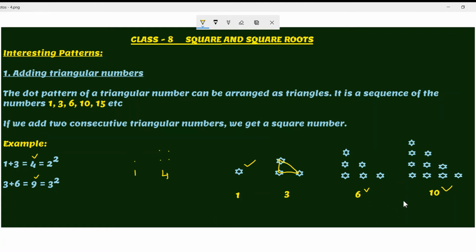If you take 6 plus 10, you will get 16. 16 is the square number of 4. Like that, if you add any two consecutive triangular numbers, you will get a square number. Let's move on to the next pattern.